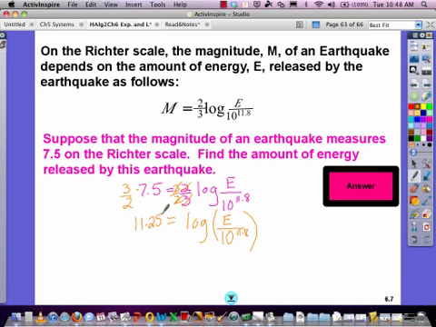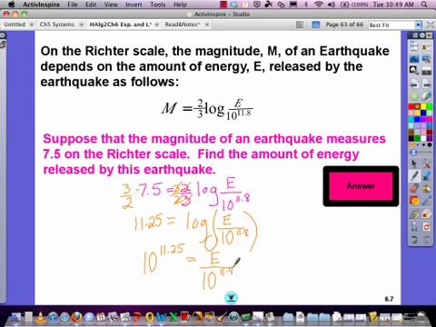So we know this is log in base 10 because we don't have anything down here as our base or subscript. So if we wrote this exponentially, we'd be saying 10 to the power of 11.25 has to equal E divided by 10 to the power of 11.8.